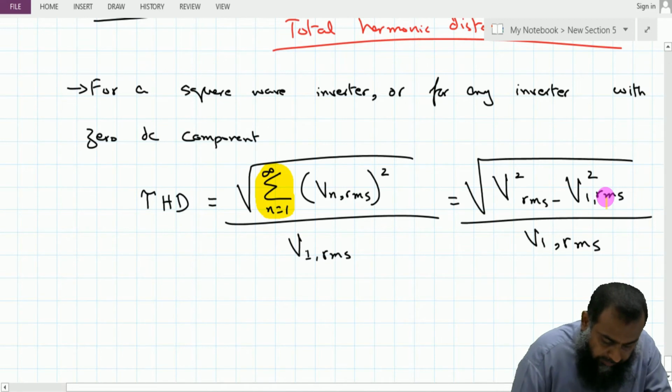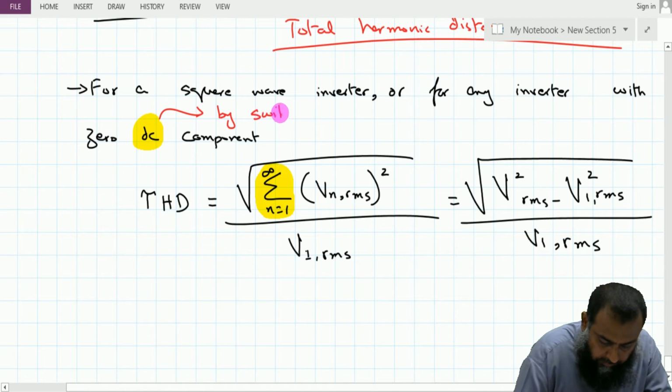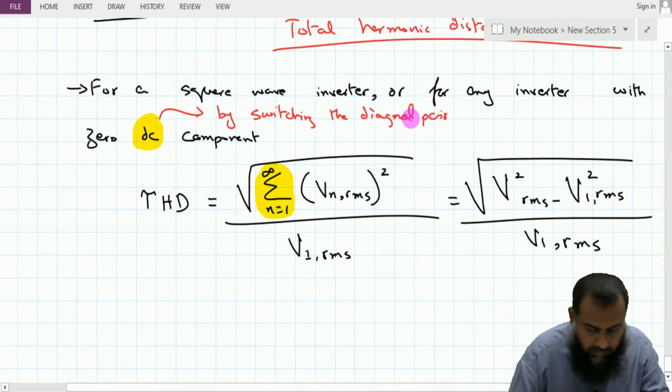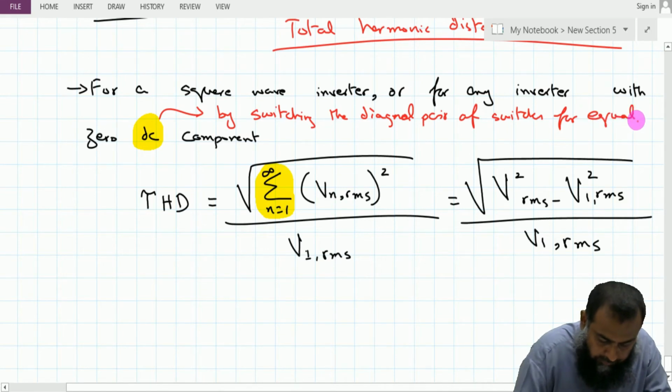The important point here is how we can ensure a square wave inverter with zero DC component. This is accomplished by switching the diagonal pair of switches for equal duration of time.